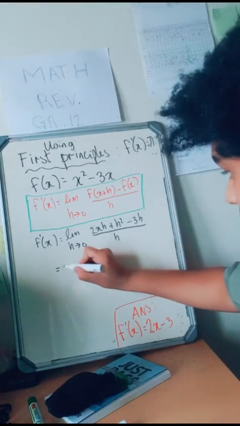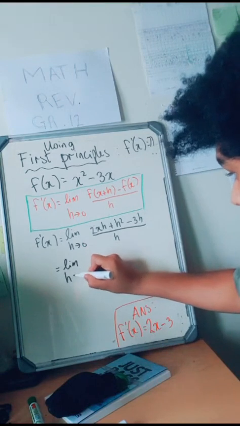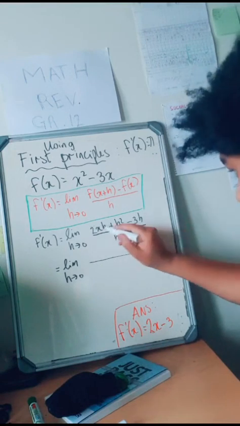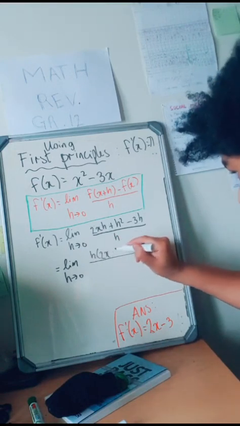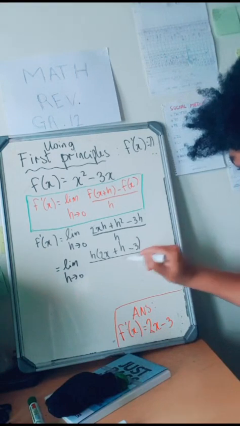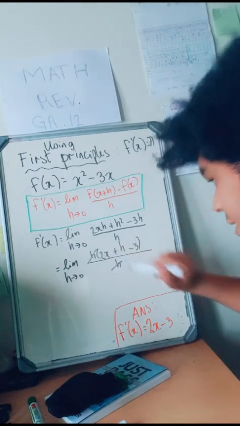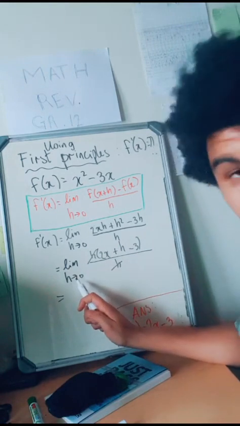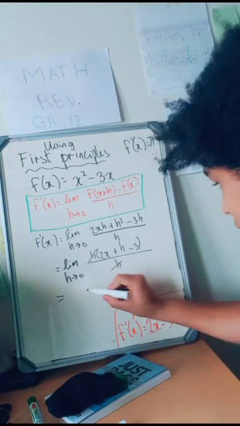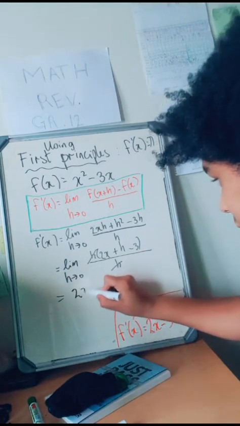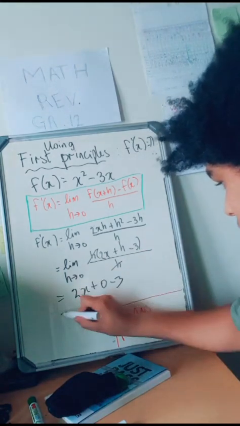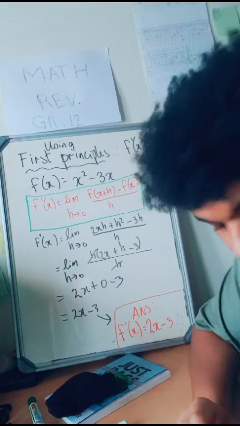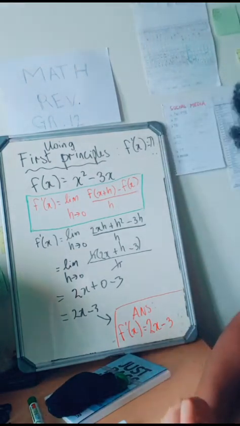Limit as h goes to 0, and now we can take out h there: 2x plus h minus 3 over h. This and this cancel. There we go. Now the h is going to 0. So it's going to be 2x plus 0 minus 3, which is 2x minus 3, which is the same as that. Good.